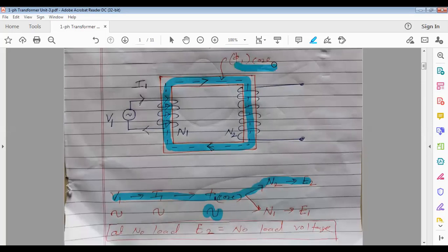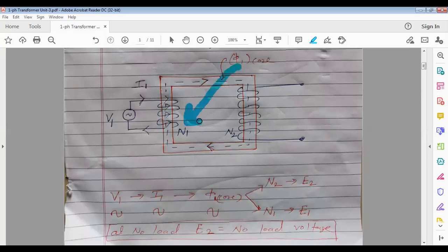Yes, it is coming in contact with N1 number of turns also. So as per Faraday's law of electromagnetic induction, flux is changing and copper winding primary turns are stationary. So EMF will get induced in primary winding as per Faraday's law of electromagnetic induction, and that is marked as E1.